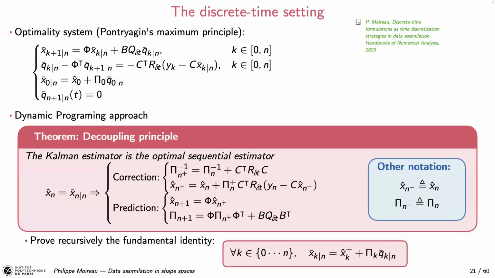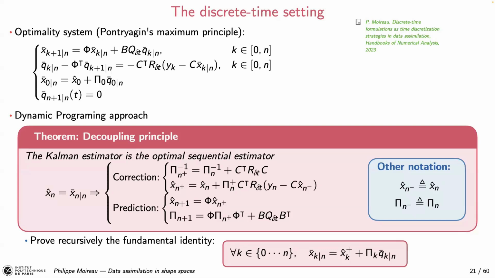Let's call it a splitting time scheme, for people who do time discretization, made of correction plus prediction. The combination of one correction and one prediction corresponds to one time step. But in each time step, you can divide correction and prediction. The correction takes into account the observation to correct the trajectory, whereas the prediction only follows the dynamics.